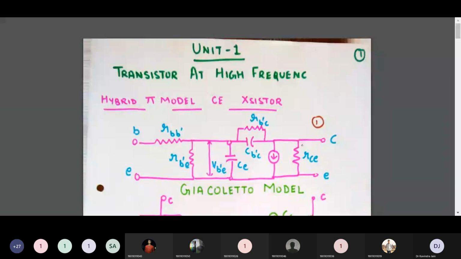Therefore, it is necessary to analyze transistors at each stage and at each frequency level where the chances are less. Next point.